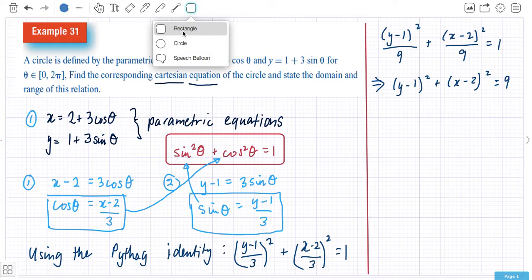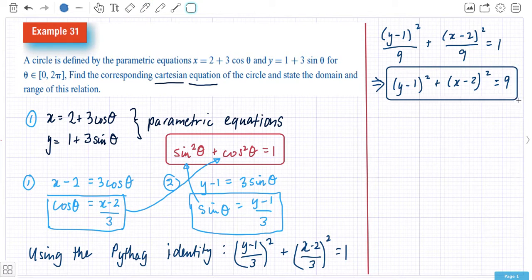Now you'll probably recognize the format here. This is a circle, and it is a circle with radius of 3, because remember it's radius squared on the right side, and this circle also has a centre at, now the way I've written it here can be a little bit confusing because I've actually got the y first.